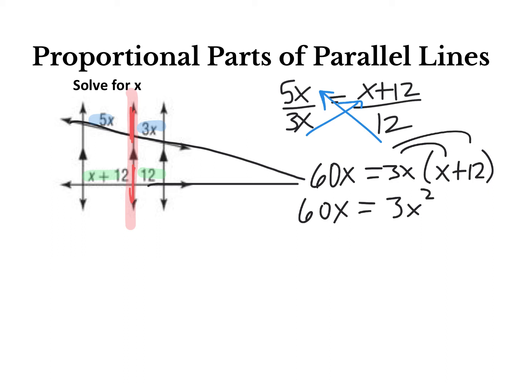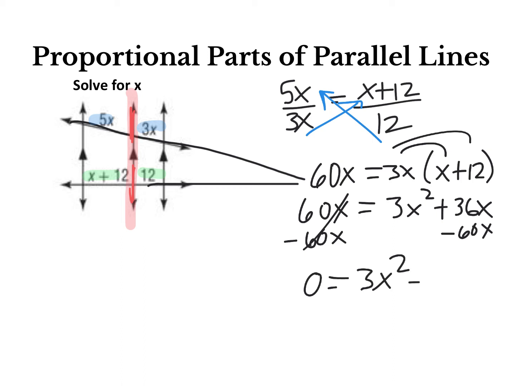You multiply 3 times 12, you get 36x. And then at this point, to combine like terms, we move the 60x to the other side by subtracting 60x. 0 equals 3x squared minus 24x.